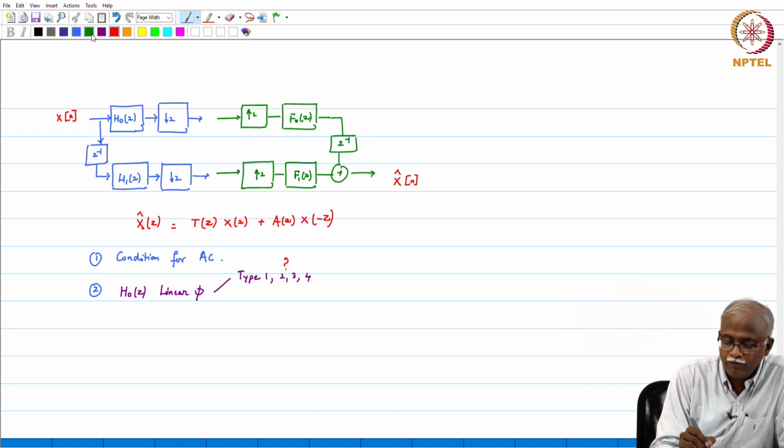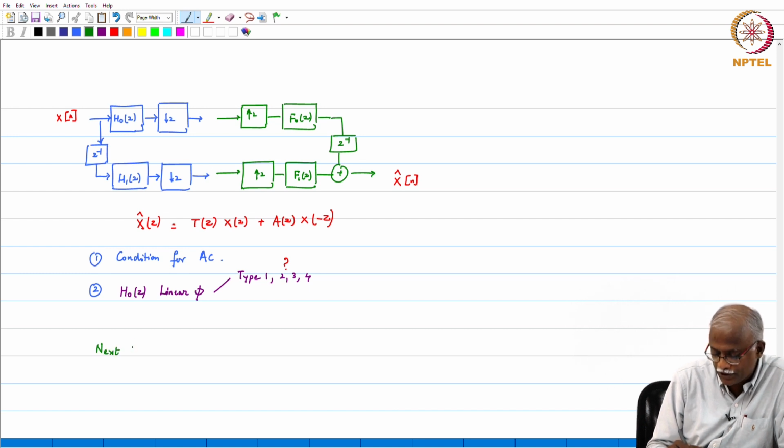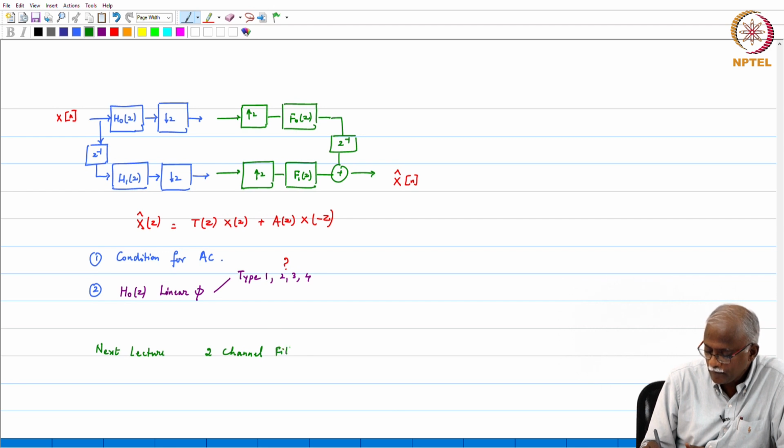So, we will stop here for today's lecture, and in the next lecture we will start to look at ways of eliminating the magnitude distortion. So, next lecture, we would look at the 2-channel filter bank.